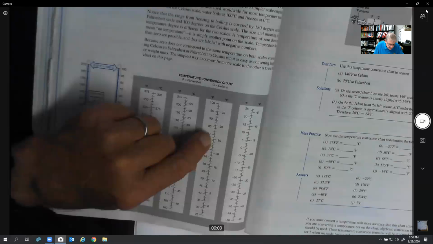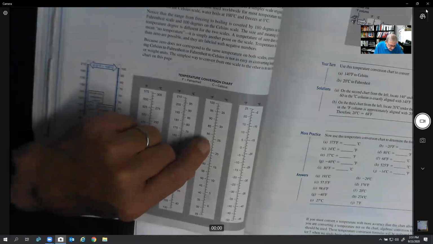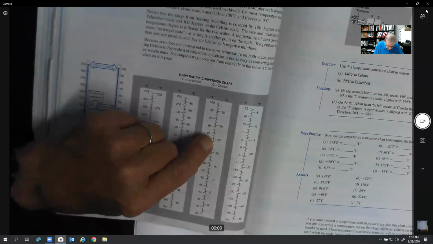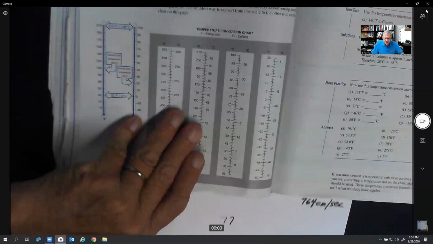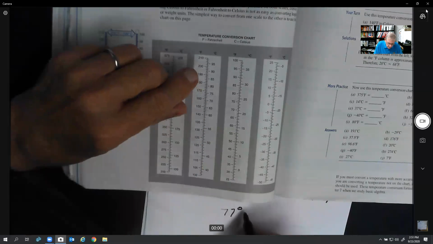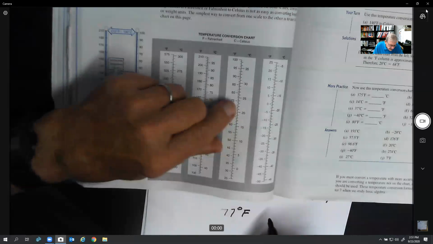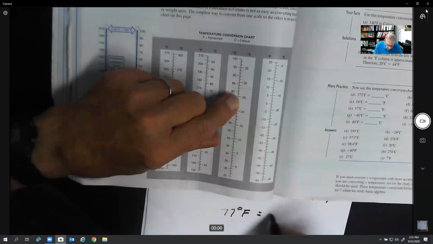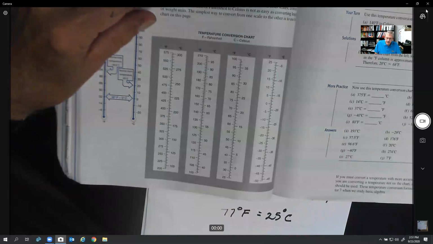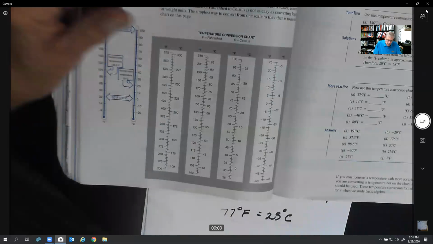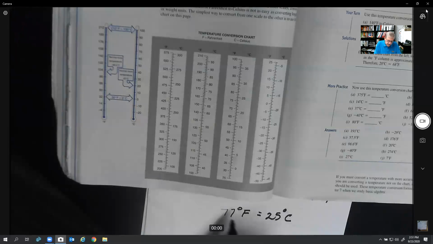If I see these two marks, they're almost in alignment, 75, 77. I'm going to write it: 77 degrees Fahrenheit is equal to approximately 25 degrees centigrade, Celsius scale. So when it's 25 degrees in Europe, it's 77 degrees here, because they use the metric system and we don't.